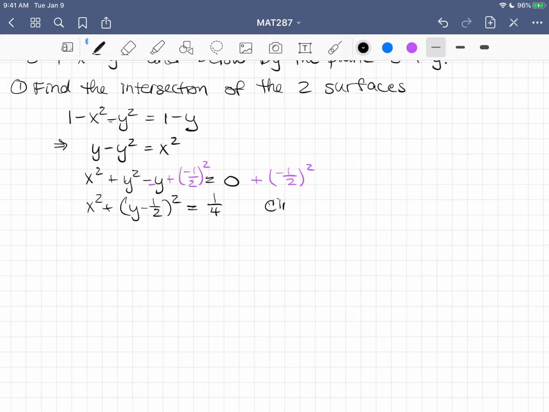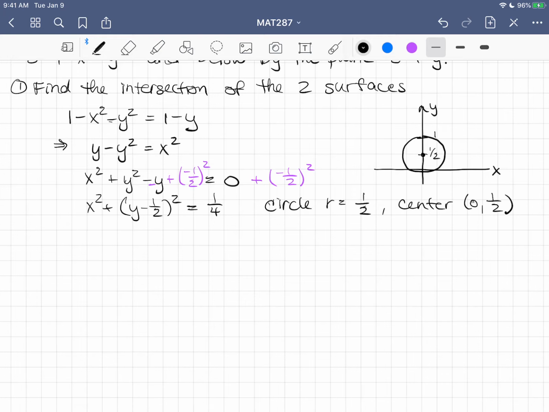It's a circle with radius 1/2 and center (0, 1/2). So let's say here's 1, here's a half, this circle here. Okay, so this is my region of integration.